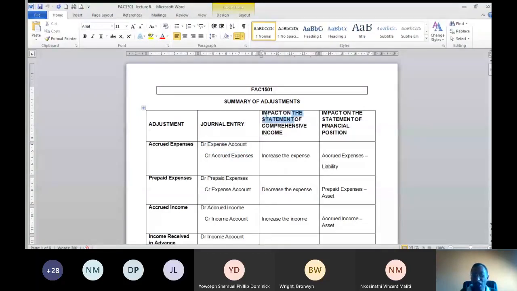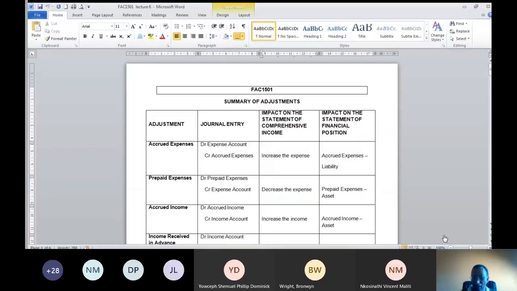The impact on your statement of comprehensive income is that your expense will have to increase. By that I mean, if your telephone account in your trial balance shows 20,000 Rand, it means that you have paid 20,000 Rand for the year.